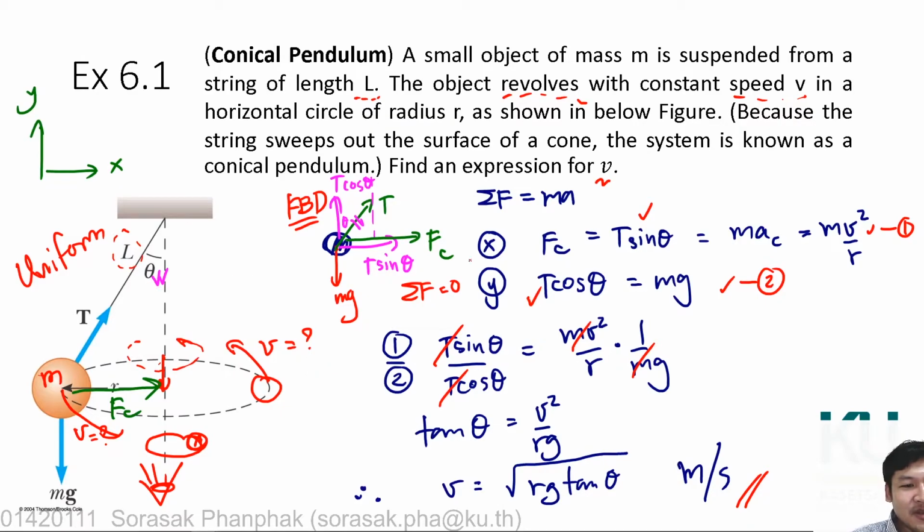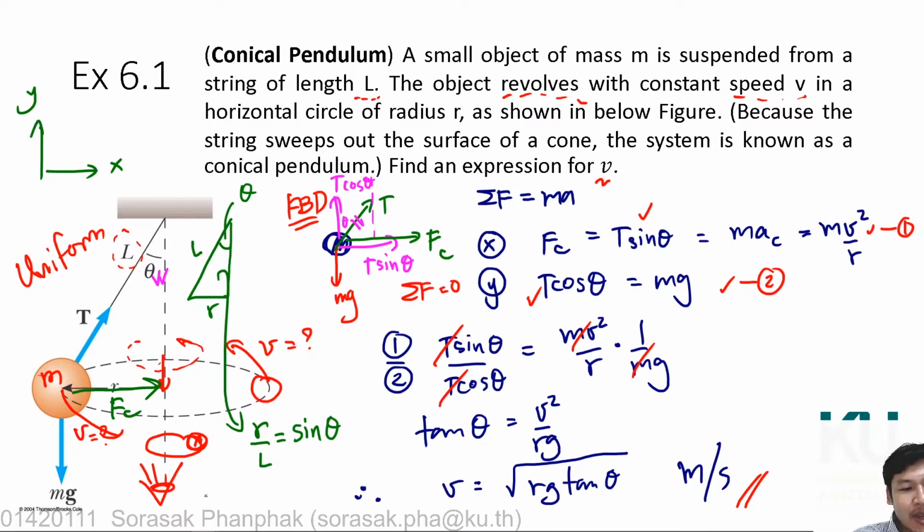Because from this, you can see the triangle here with the angle theta, L and R, right? And in this case, you will see the ratio between L and R, because from this triangle, if you write it carefully, R over L is sine theta.